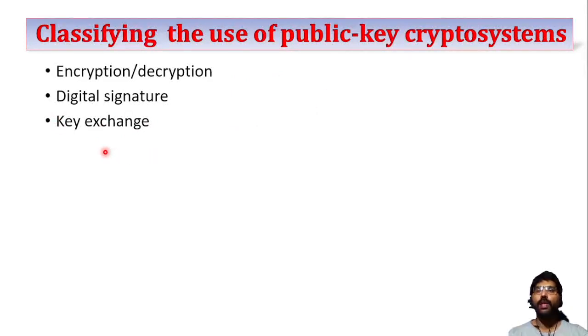So we treat that secret key as plain text and convert it into ciphertext with the help of the public key and send it to the receiver. Since the receiver has the private key, he can recover the secret key for the encryption technique. So this is called key exchange.